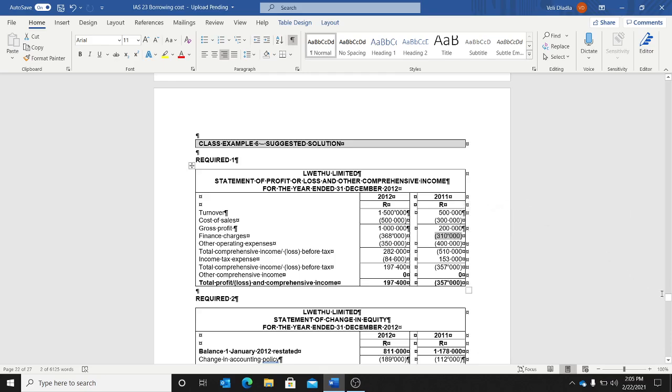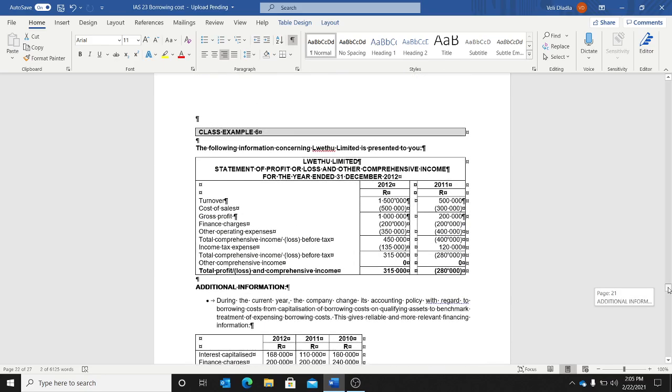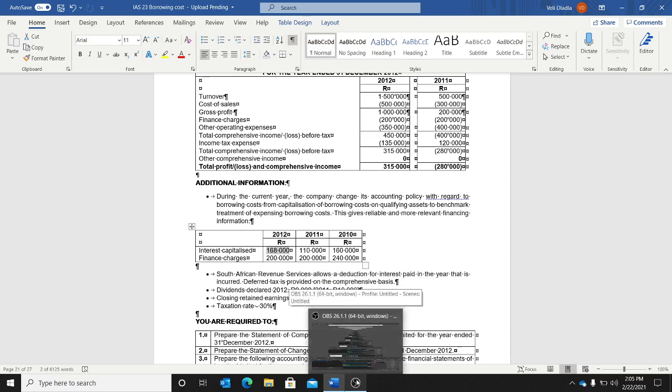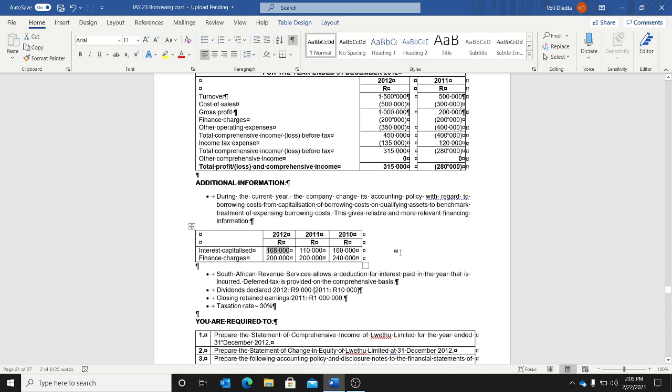Right. Now let's simplify this thing this way because it's not something difficult. I'll demonstrate with 2012. If I'm bringing 168 into expenses, I'm increasing expenses by 168. If expenses increase, the profit will decrease. If the profit decreases, the tax must decrease. 168 times 30%, so it's 50,400.